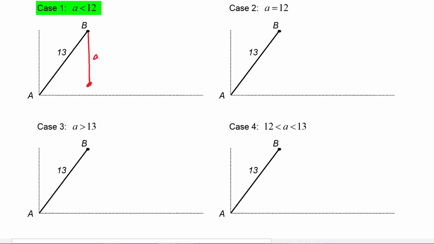So if side a is less than 12, then it's not long enough to reach all the way down to the positive x-axis. And when that happens, no triangle can be formed.